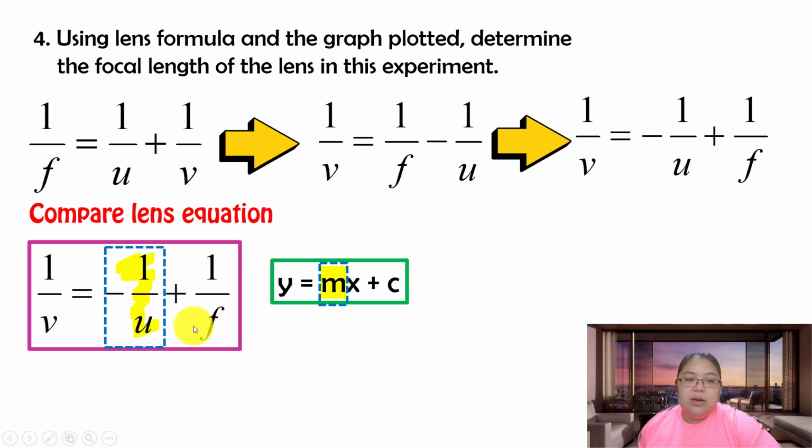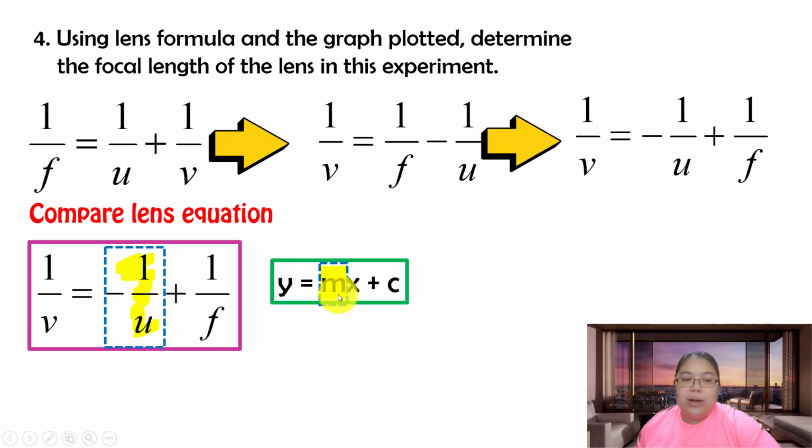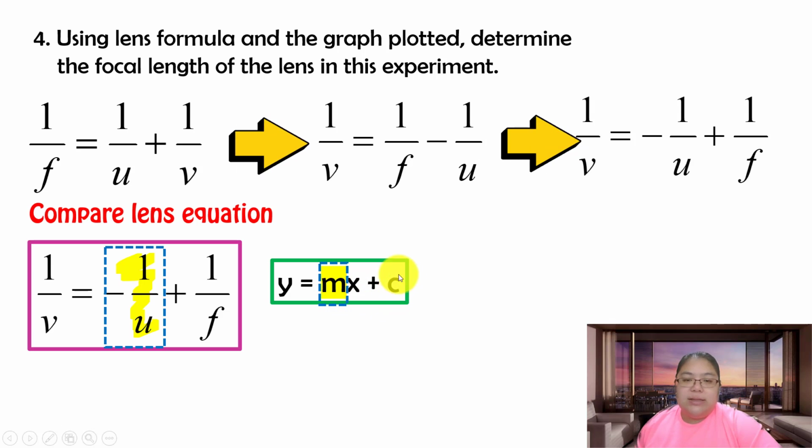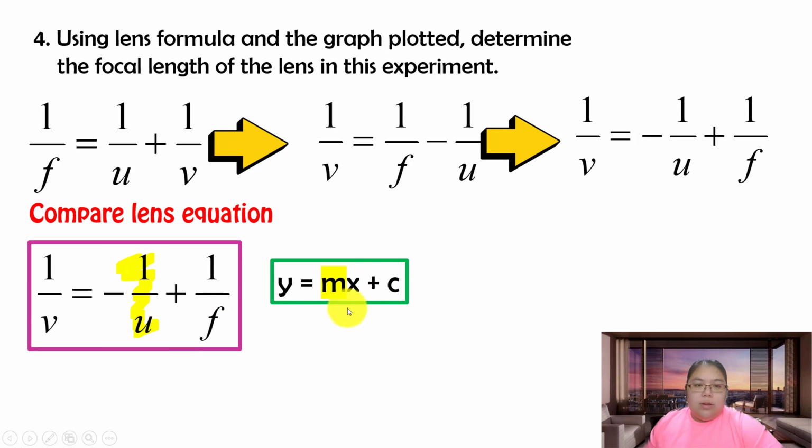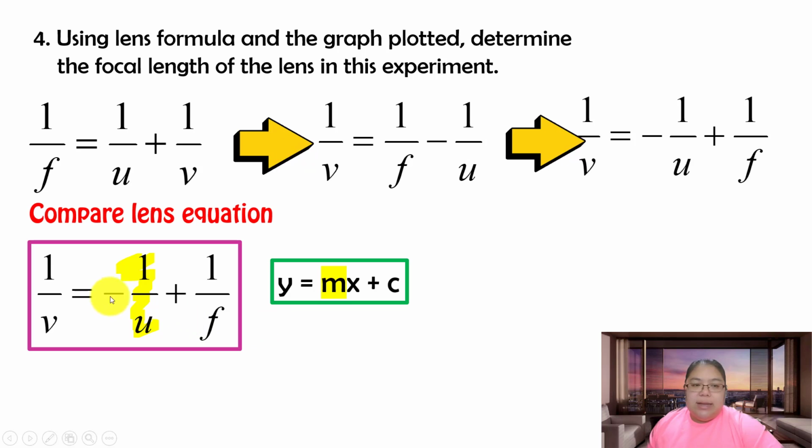So we focus on just this part only. x is 1 over u already, and just the negative is m. That one is m, and the last one is c. c is 1 over f. Now we are going to see the negative 1.